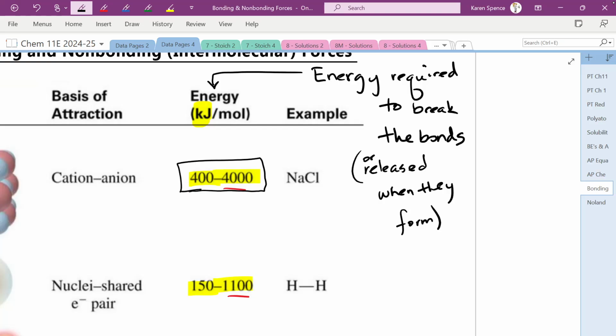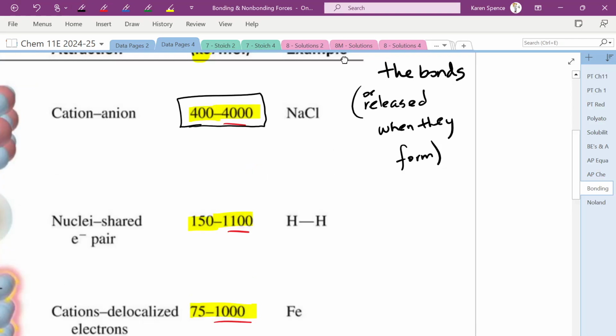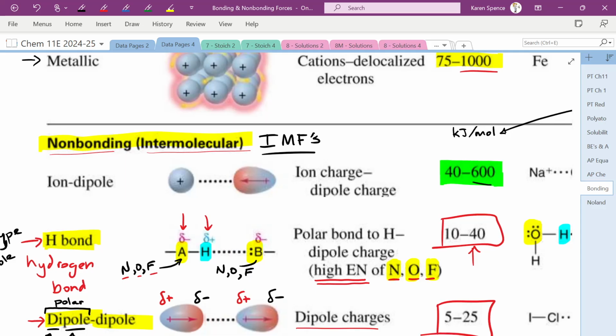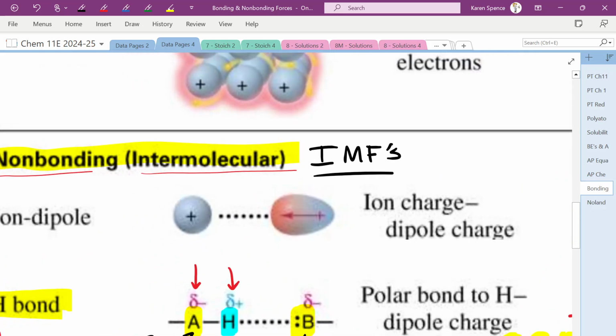Same thing. When we have particles come together, that's going to release energy. If we break them apart, that's going to require an input of energy. So nature doesn't want sodium and chloride to split apart. However, nature is perfectly happy for an ion to get together with a dipole, releasing energy.